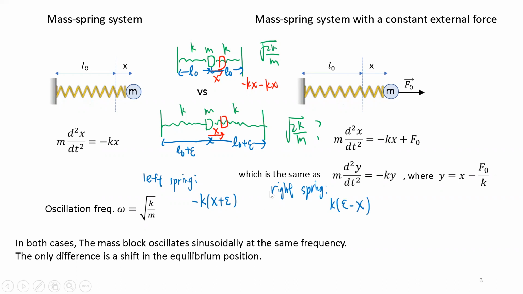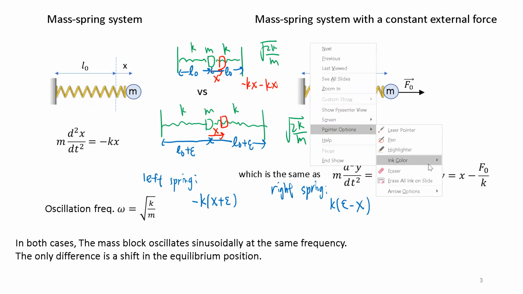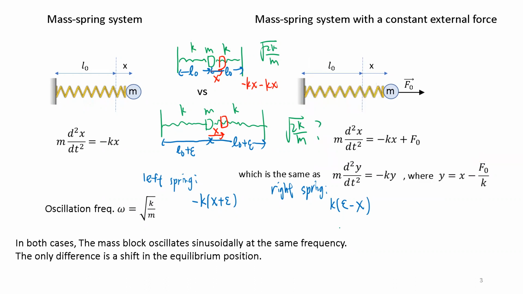But what if you tell me that actually this x is already greater than epsilon? That means this spring is already compressed. How do I think about that? That's okay, because in that case I will know that this spring is compressed, and the amount of compression this time would be x minus epsilon.